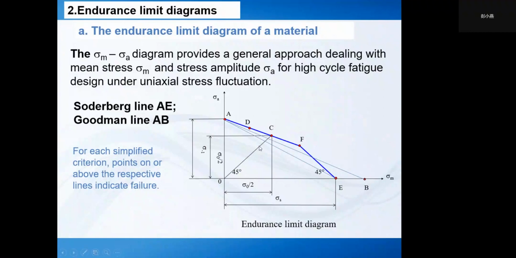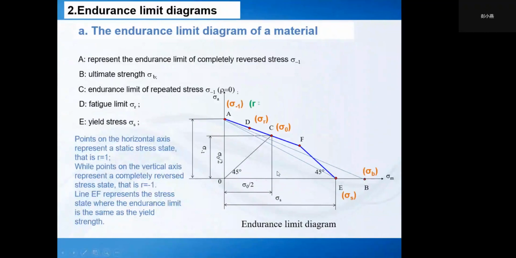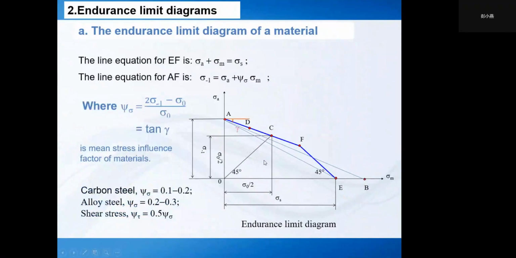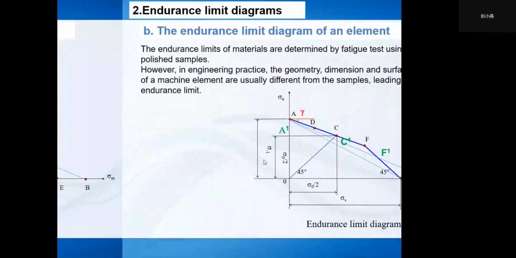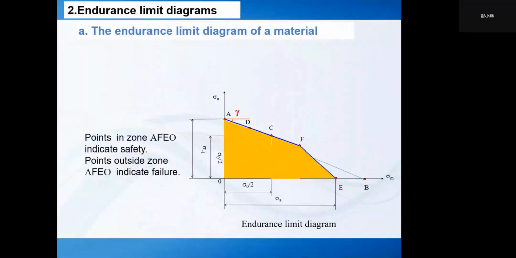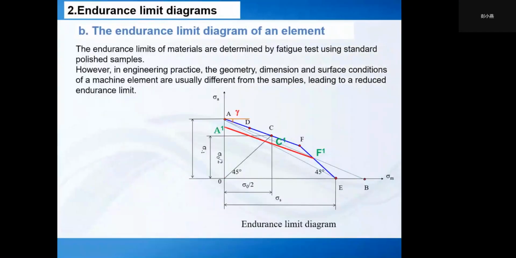Usually it's N0. For this endurance limit diagram, the endurance limit is for the infinite life N0. And we know that the endurance limit of material and element is different. The points in Z0, A1, F1, E0 are safe.